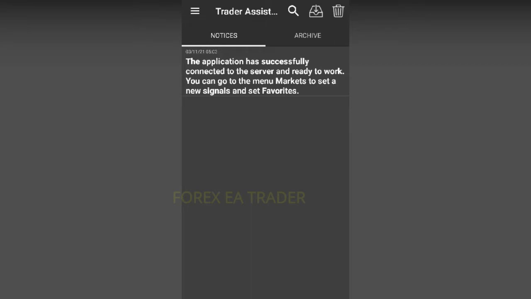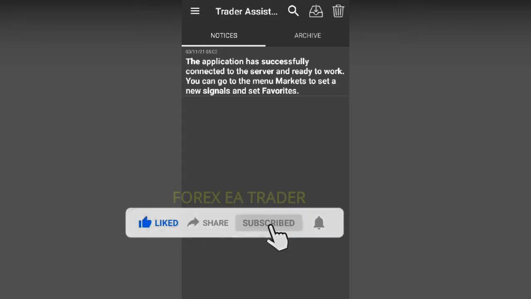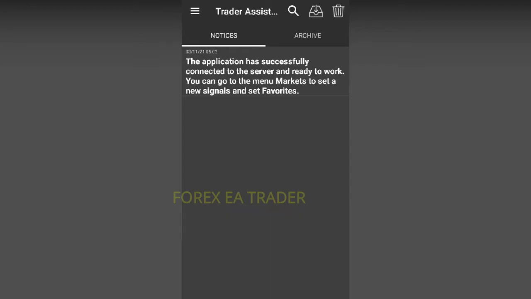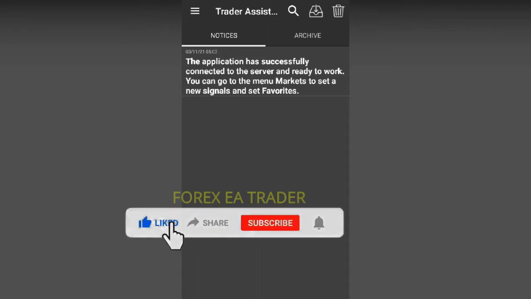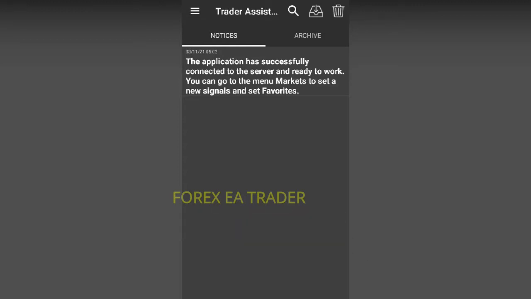Simply, you set alerts. What you want to do is to set alerts for when prices, for example, you are trading GBP USD, or you are trading gold, or you are trading NAS 100, whatever you are trading, you want to set alerts for certain levels. After doing your analysis, you come to this app and you can set alerts for when price reaches those certain levels.